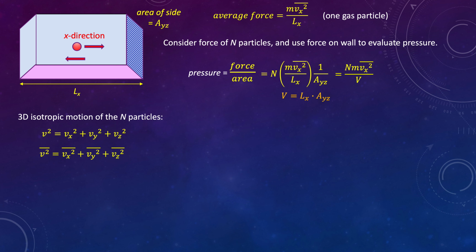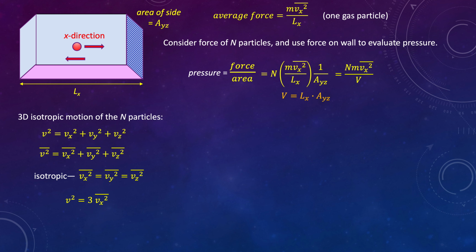But now here's where we're going to bring in this isotropic quality. If it's isotropic, this means that these three components, v sub x squared, v sub y squared, and v sub z squared, are no different from one another. They're all the same. So that means we can rewrite the total velocity squared as simply 3 times vx squared, because vy squared, vz squared are just the same as that average value.